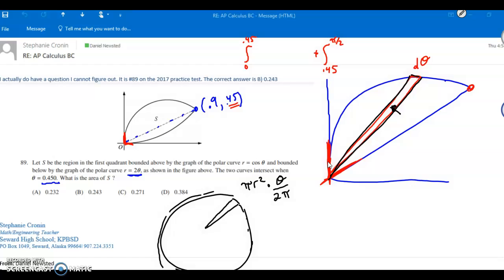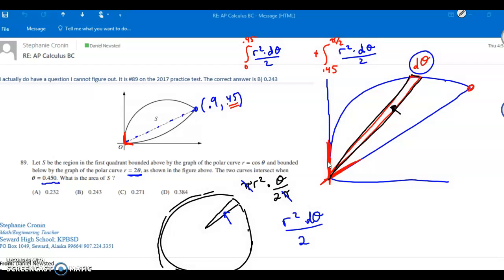In that little equation, the pi's cancel, so I'm left with r squared times theta over 2. That's the area of one slice. For us, our theta, our angle, is what's getting infinitesimally small. That's represented by d theta. So that's going to be r squared times d theta over 2.